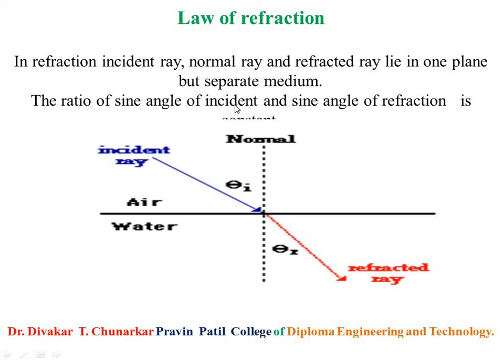The ratio of sine of the angle of incidence to sine of the angle of refraction is constant. This is the law of refraction. The ratio of sine of angle of incidence and sine of angle of refraction is constant, and this is the ray diagram of refraction.